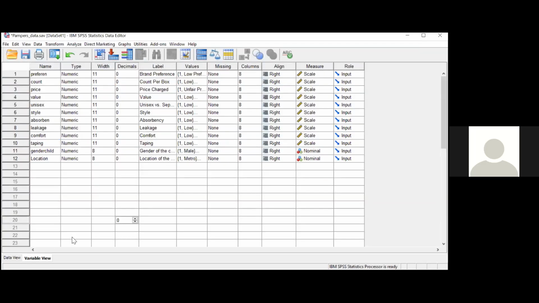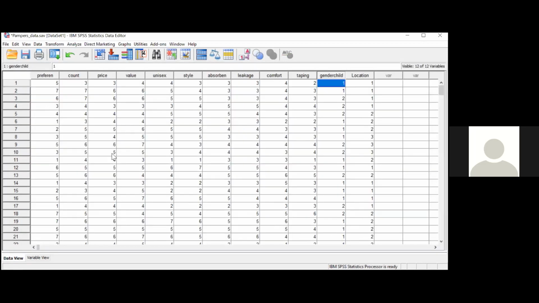So this is a scenario, and here we have our data set. Regression analysis can be done using any software, and here we are using SPSS. As we know, all the analytical tools are in the Analyze menu.